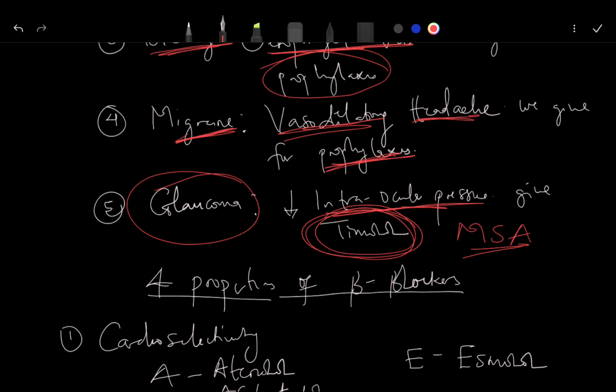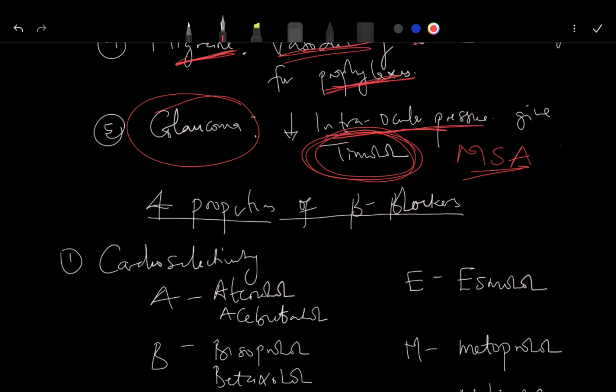Imagine you are giving a drug that acts as a local anesthetic as an eye drop to the eye. When there's an injury or a foreign particle in the cornea, the blink reflex will not be activated, so the cornea will experience continuous irritation and injury without the knowledge of the patient. That's why we don't give propranolol, rather we give timolol. Timolol does not have this membrane stabilizing activity.